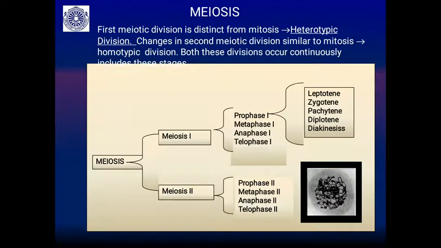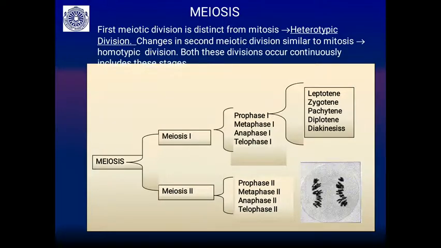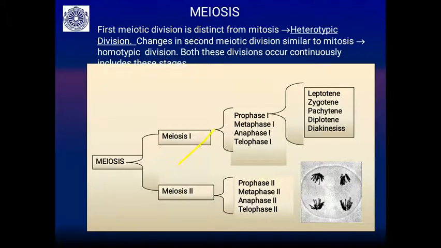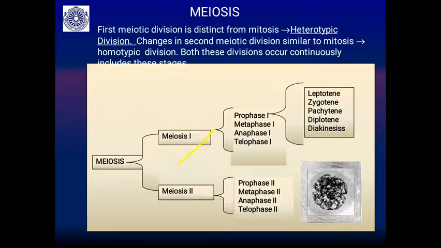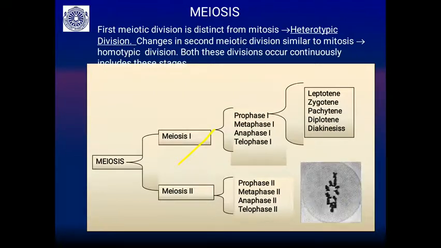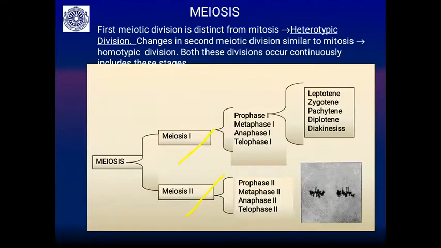The first meiotic division is distinct from mitosis, hence it is called heterotypic division, whereas meiosis second is similar to mitosis, so that is why it is called homotypic division.